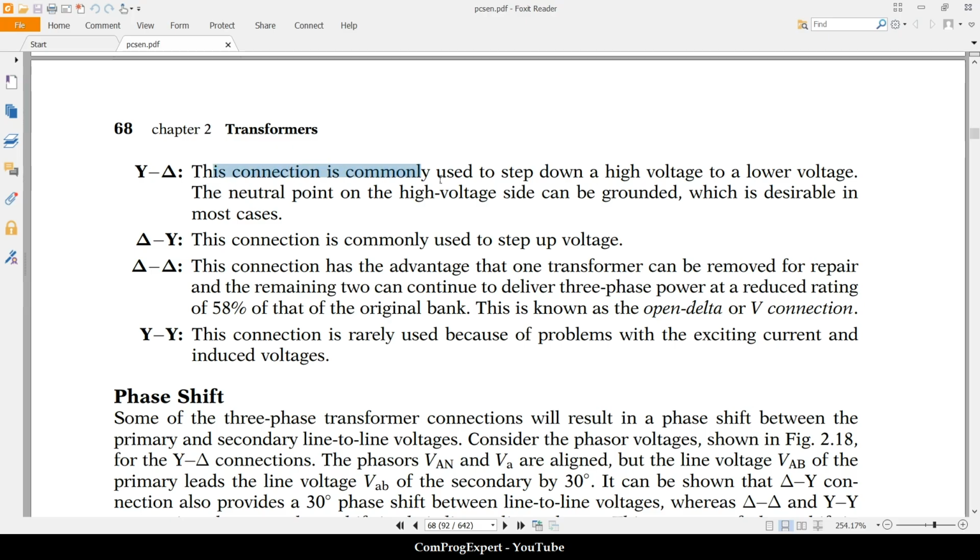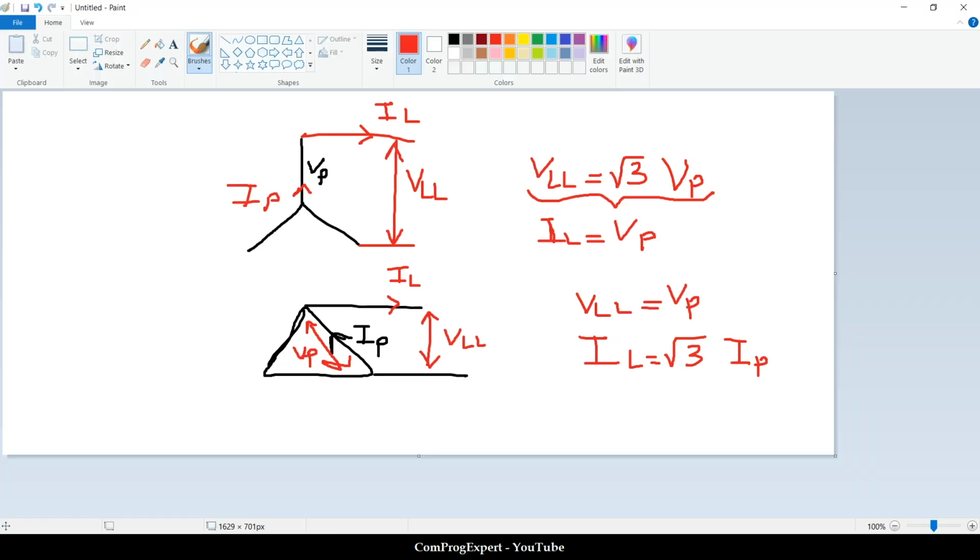So this connection is used to step down a high voltage to a lower voltage. The neutral point of the high voltage side can be grounded, which is desirable in most cases. Yes, we can ground the star point, this point, ground it, or leave it as is.